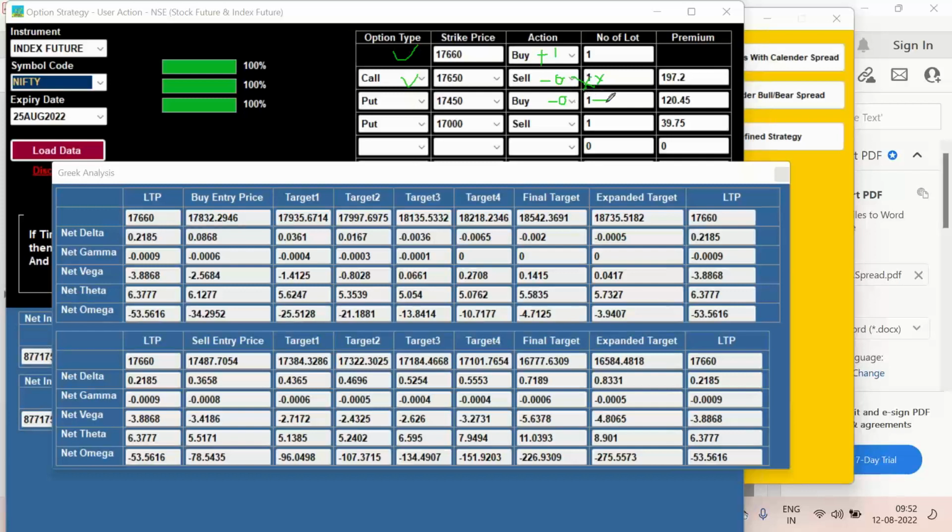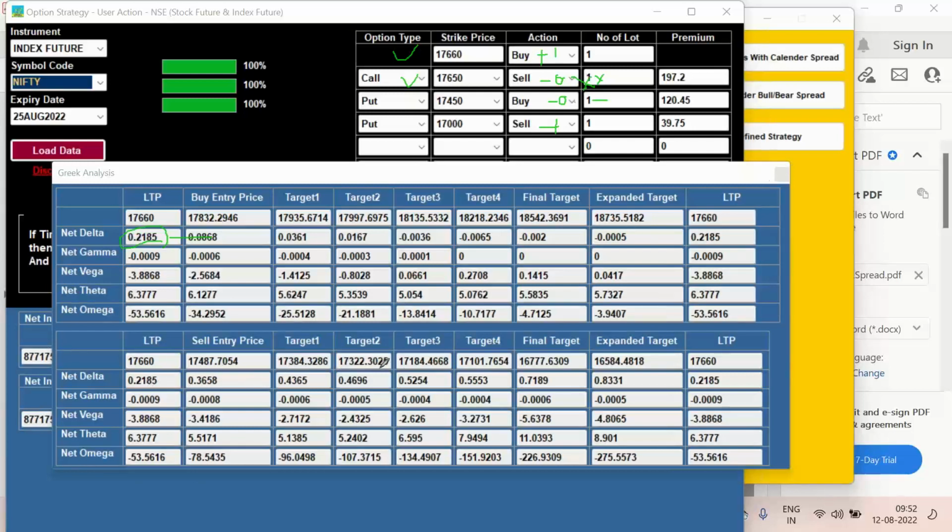Put option delta will go to -1 at maximum. The 17,000 put option we sold, so the negative delta converted to positive. So on a net basis, the net delta of this strategy is 0.2185. Once this delta goes on reducing in the uptrend, we are getting the profits.